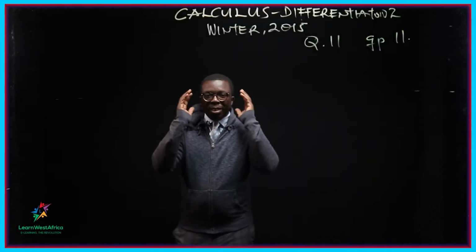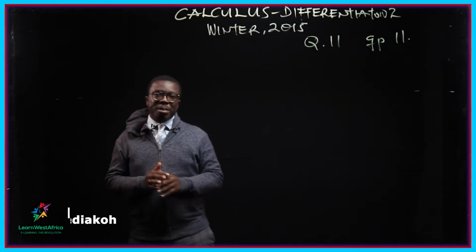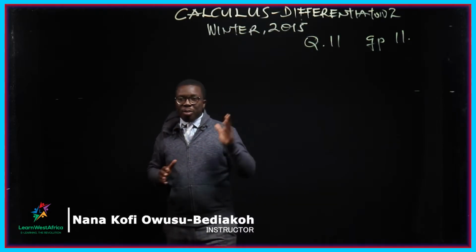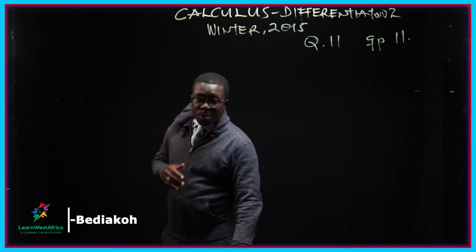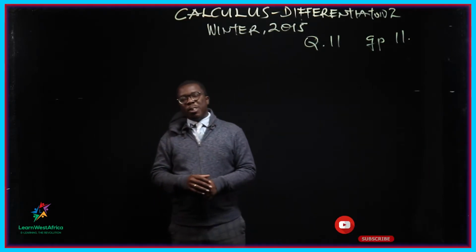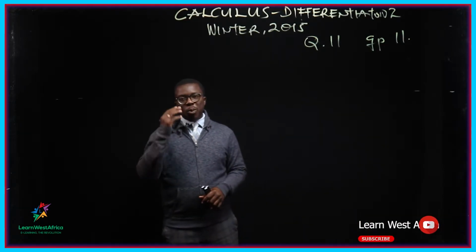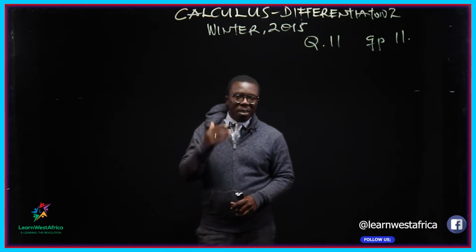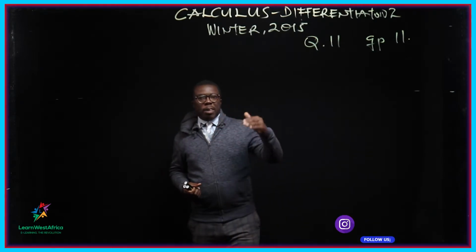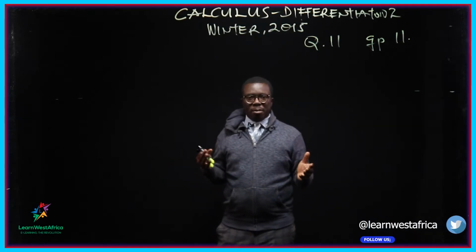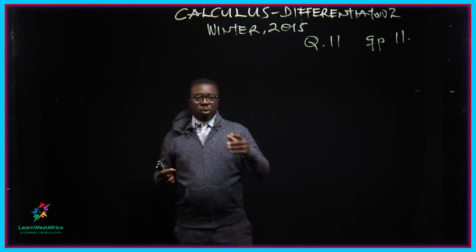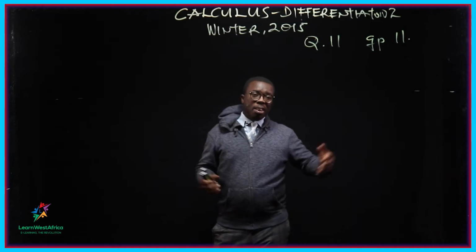Question 11 brings us back to the application of tangents. Remember that the gradient of a curve at a particular point is the same as the gradient of the tangent at that point. The tangent is also perpendicular to the normal and vice versa.